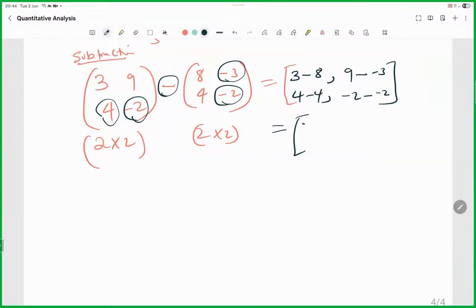So this is minus 5. This is 9 minus 3. 9 minus 3, minus 3, 12. We have 4 minus 4 is 0.